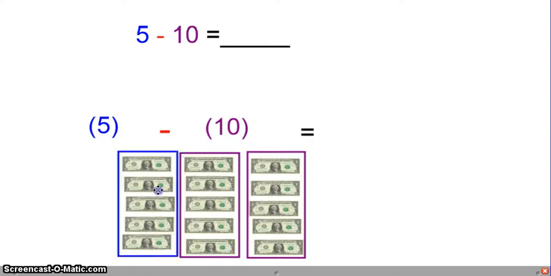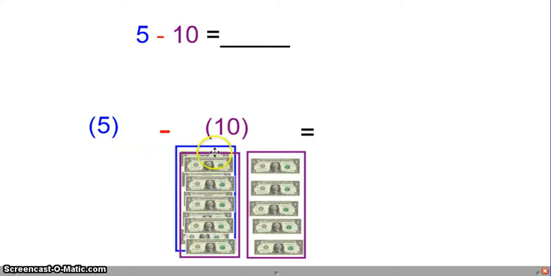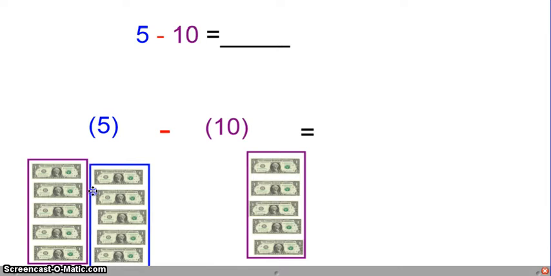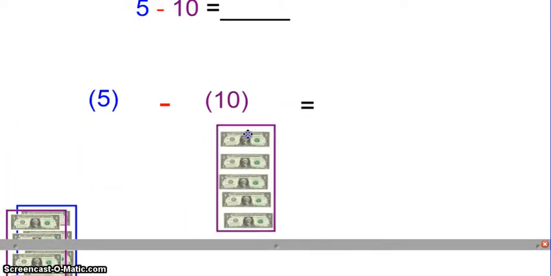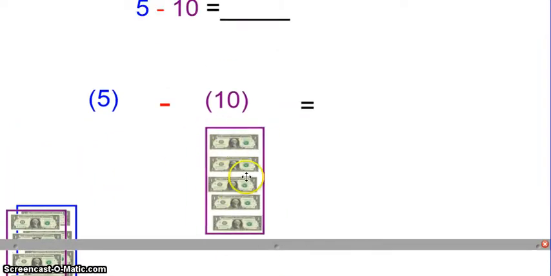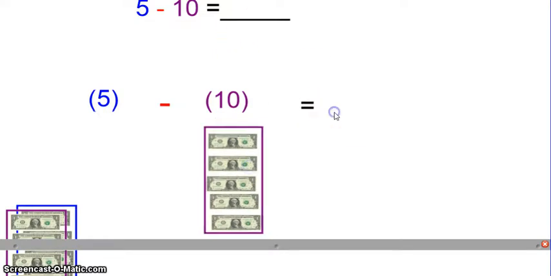And if these two overlap because they both equal 5, then that'll take both of these away. So if both of them go away, then we're left with 5, and 5 in the negative because this is how many dollars Mike needs. So we are left with a negative 5 for our answer. So 5 minus 10 is a negative 5 because that's how many dollars Mike needs to buy the shirt.